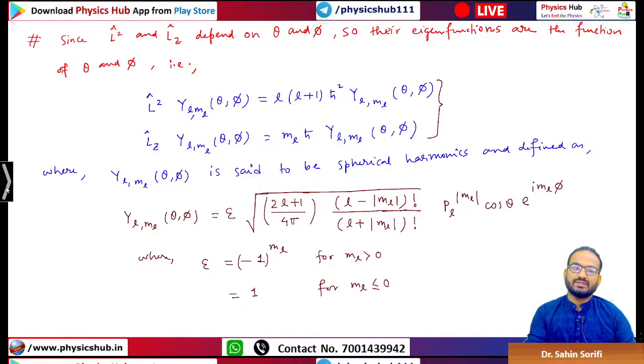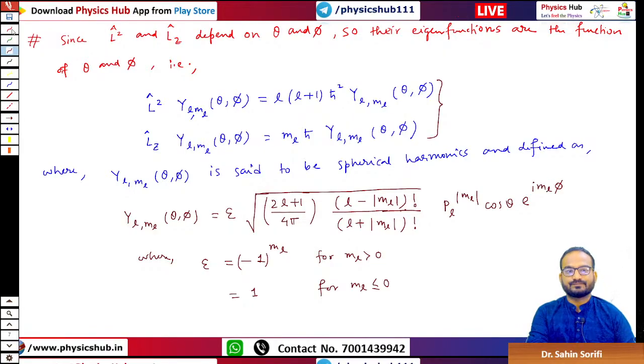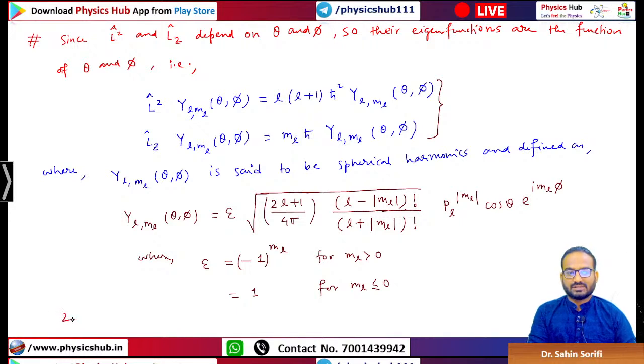So sometimes we write the wave function psi in spherical polar coordinates as a function of n, l, ml. The first letter represents the principal quantum number, the second the orbital quantum number, and the third the orbital magnetic quantum number.